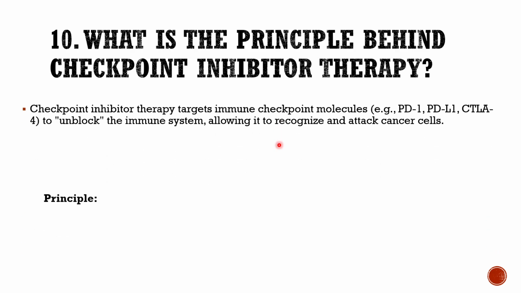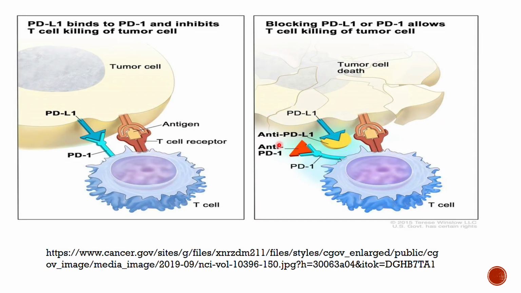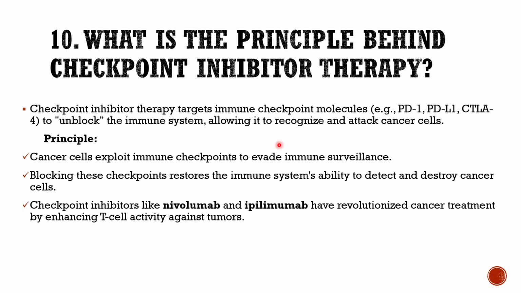Then we can continue with principal checkpoint inhibitor therapy. Checkpoint inhibitor therapy targets immune checkpoint molecules to unblock the immune system, allowing it to recognize and attack cancer cells. Cancer cells exploit immune checkpoints to evade immune surveillance.